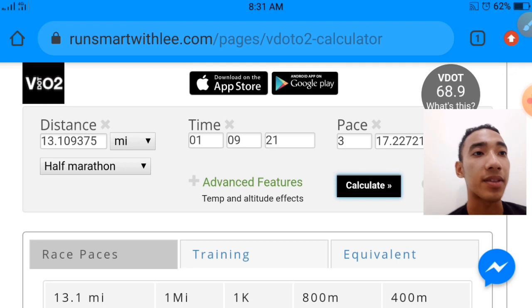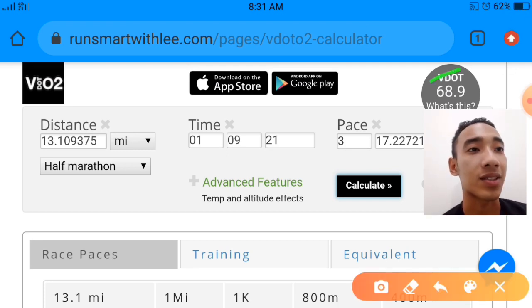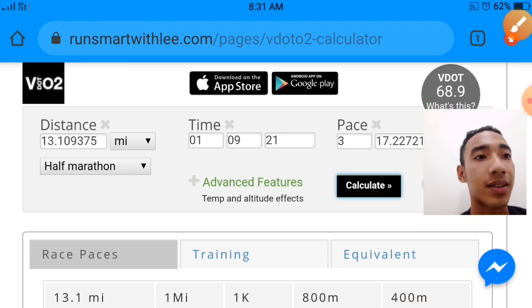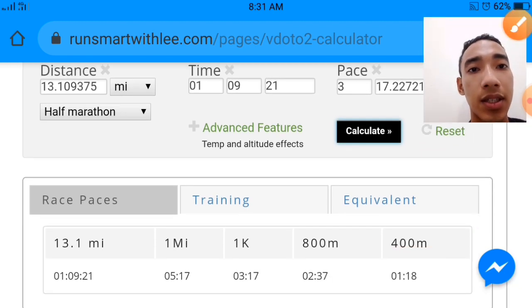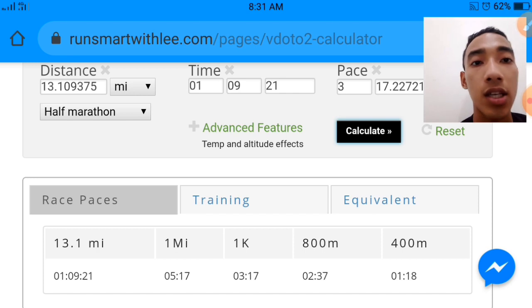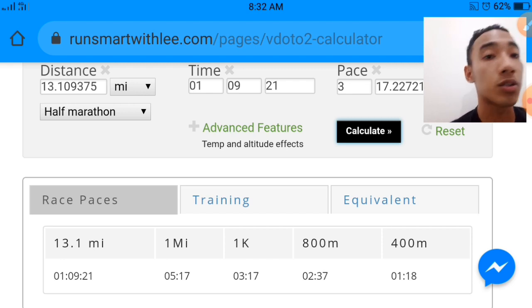As you can see, I am at VDOT 68.9, guys. In the first column, you can see the race paces. My per mile is 5:17. Per kilometer is 3:17 during that race.